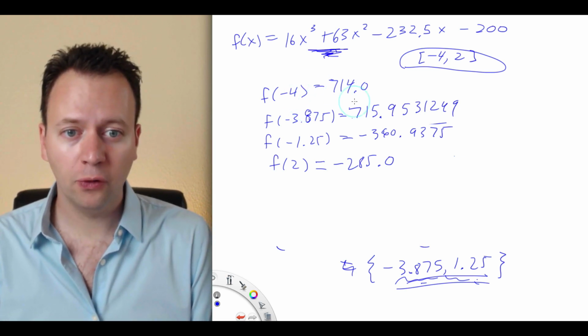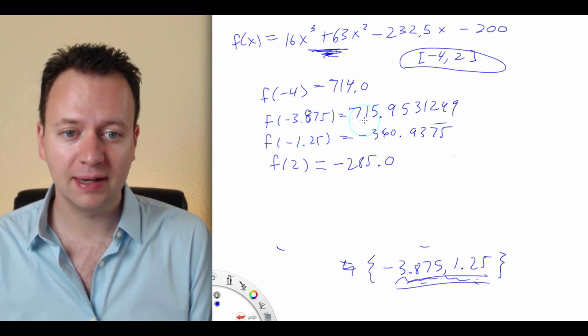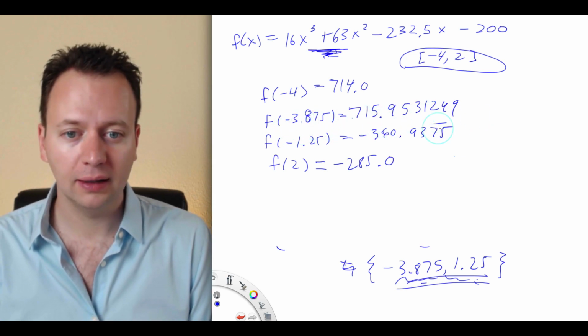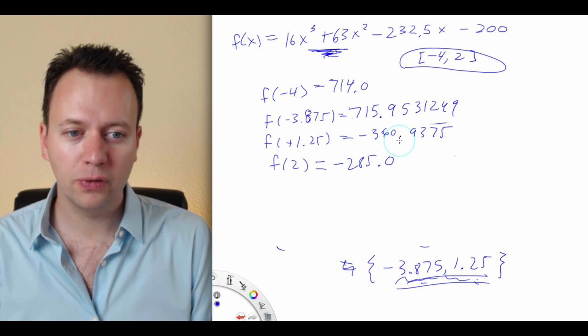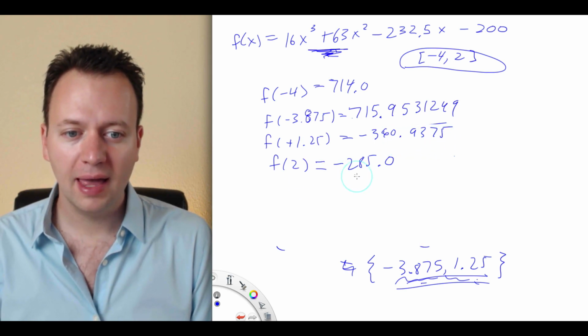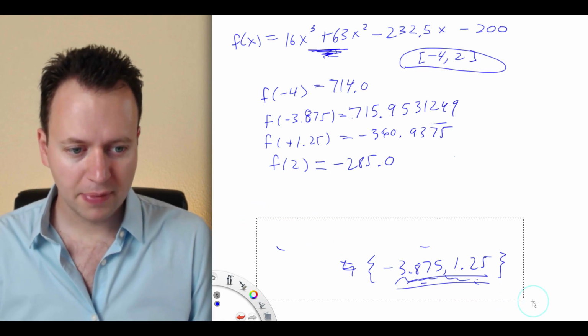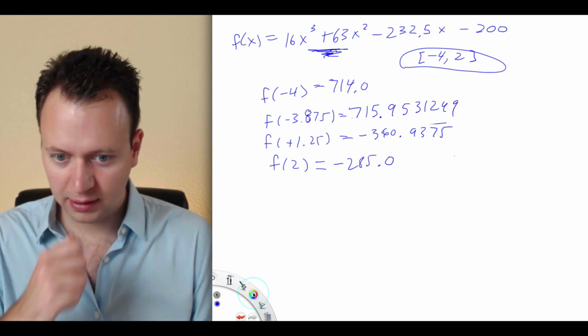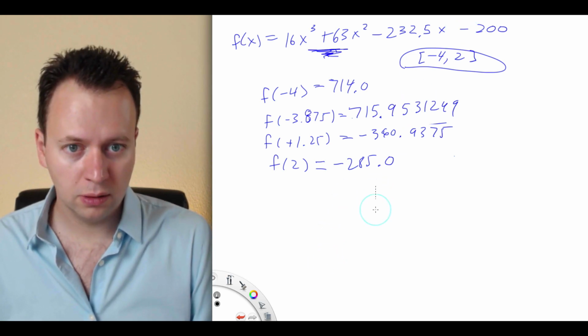So f of negative 4 is 714. f of negative 3.875 is 715.95. f of positive 1.25 was negative 360.9375, and f of 2 is negative 285. So this gives us a pretty good picture of what the function looks like.